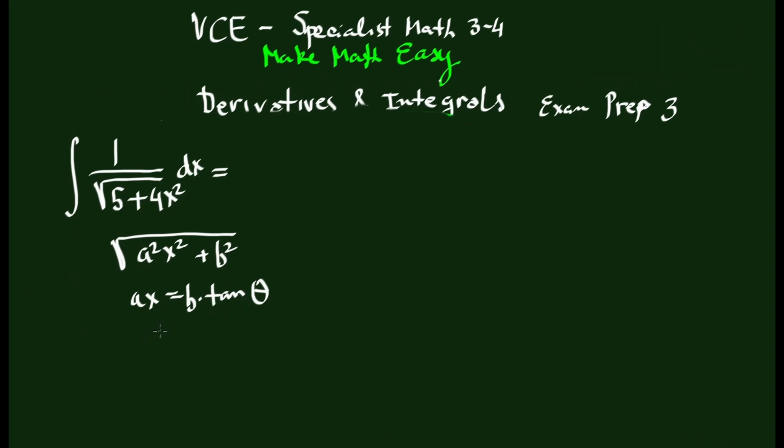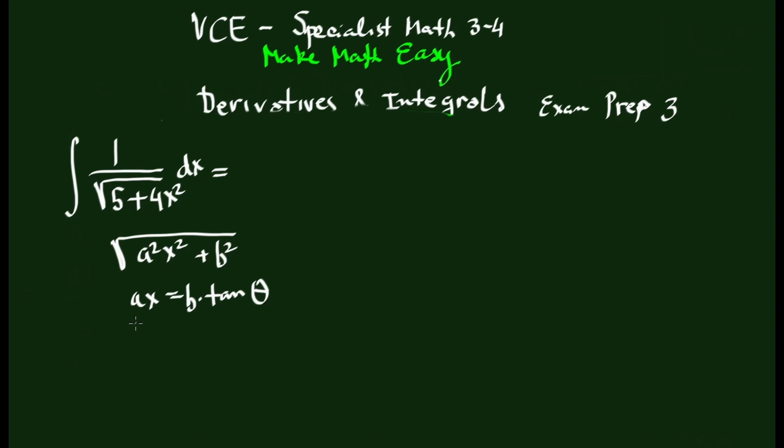So let's see. In our case, what's our a? So 2x, you have 2x here, so this looks like a squared x squared, so it's 2x to the power of 2.